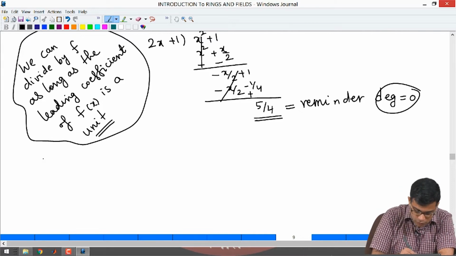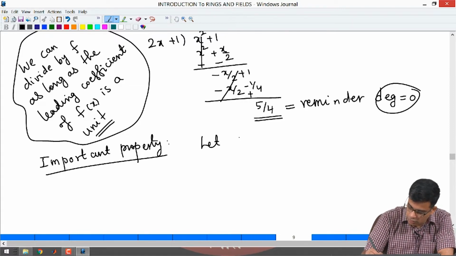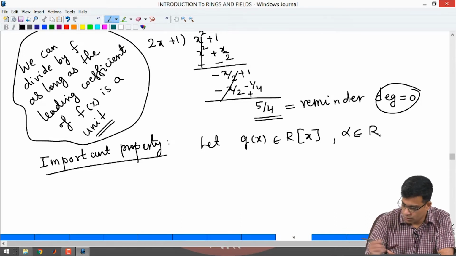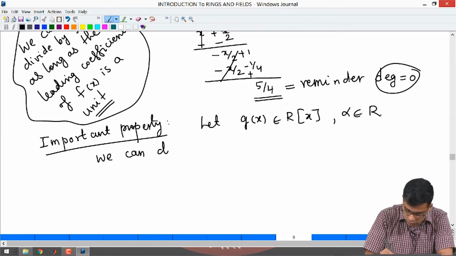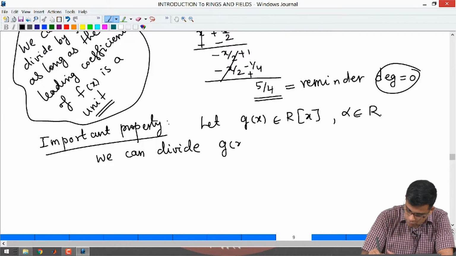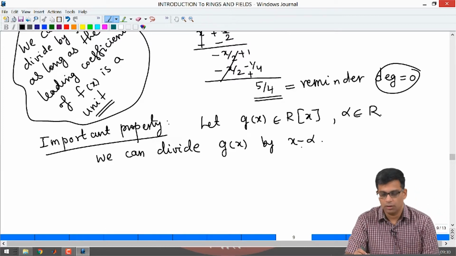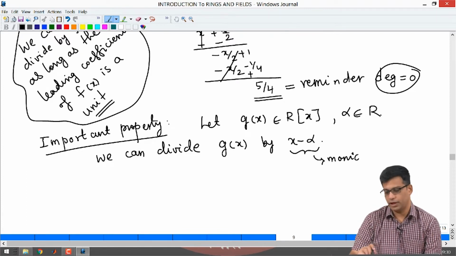So, an important property: let us say g(x) is an element of a polynomial ring R[x] and let alpha be an element of R. So, we can divide g(x) by x minus alpha, because x minus alpha has leading coefficient 1 and is monic. So, in any ring we can divide.